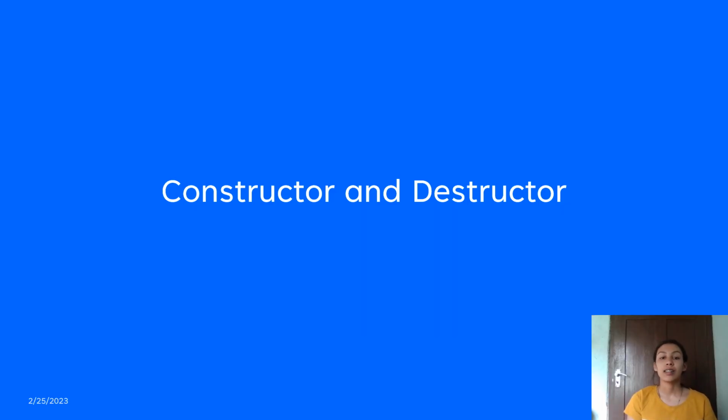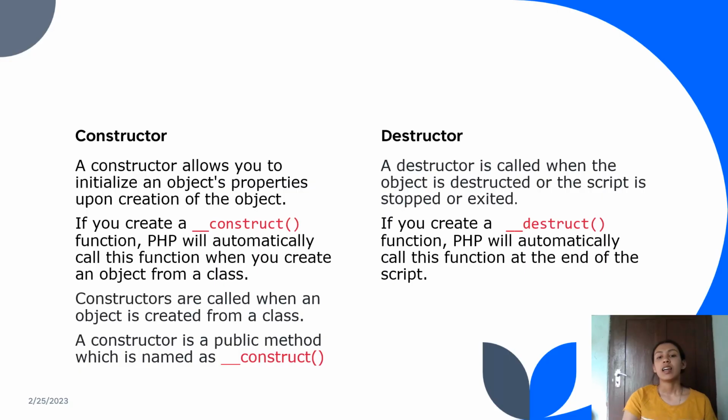So what is constructor and destructor? Constructor and destructor work the same as in any other programming language, like Python, Java, or any other. Mainly a constructor is used to initialize an object's properties upon the creation of the class object.